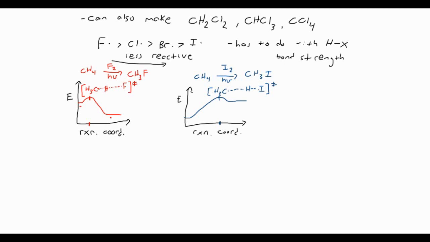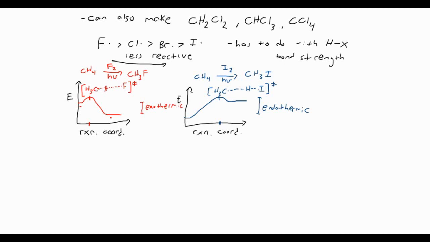And furthermore, the reaction with iodine is endothermic, and the reaction with fluorine is exothermic. So we're going down in energy for the exothermic reaction and up in energy for the endothermic reaction.